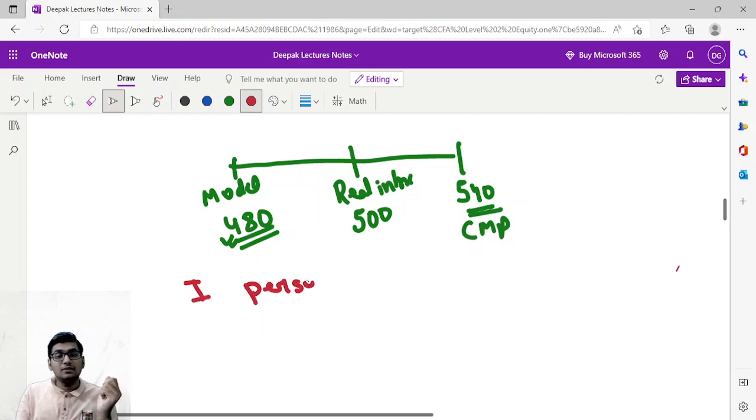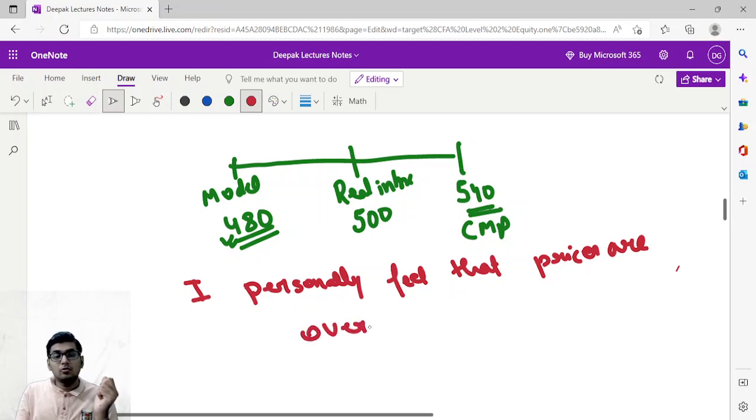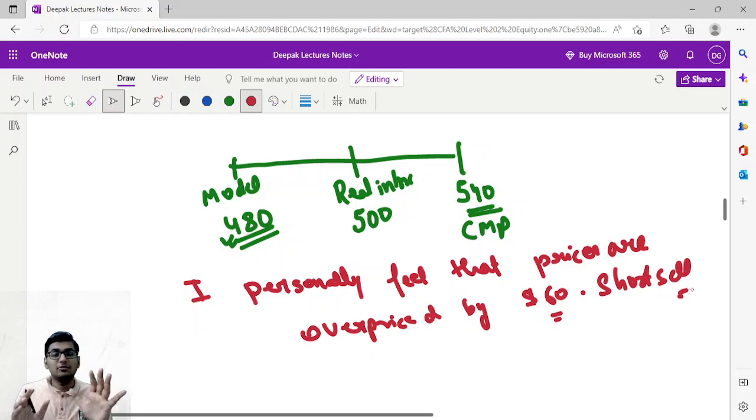Okay, I personally feel that prices are overpriced by $60. Clear? So I should short sell. This is the first point.